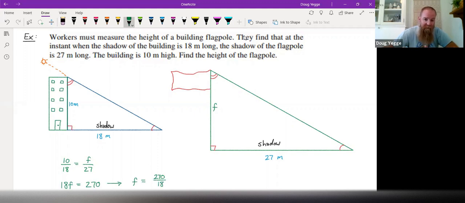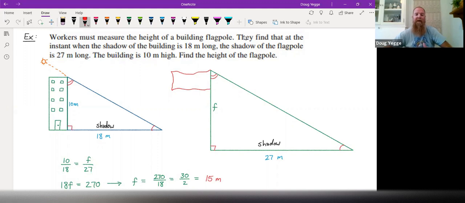Now again, sometimes you've got to use a calculator for this. Hopefully we don't need to here. We could divide top and bottom by 9, which gives me 30 over 2, which then gives me that the flagpole must be 15 meters tall.